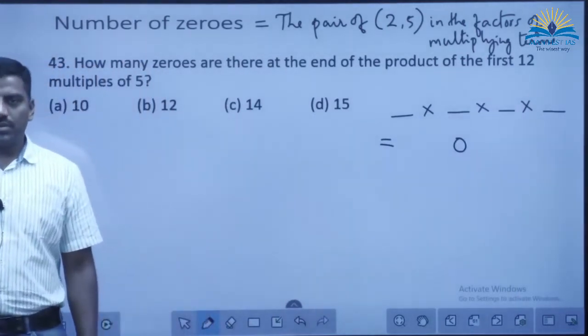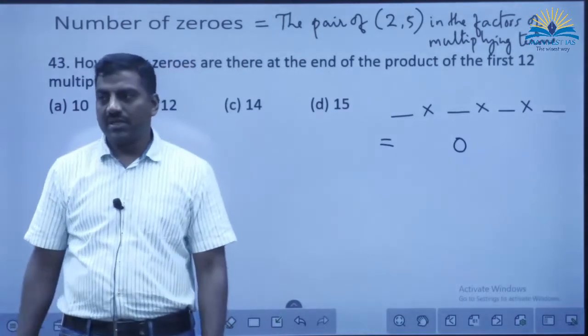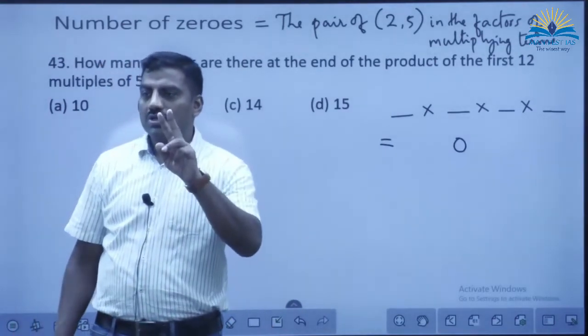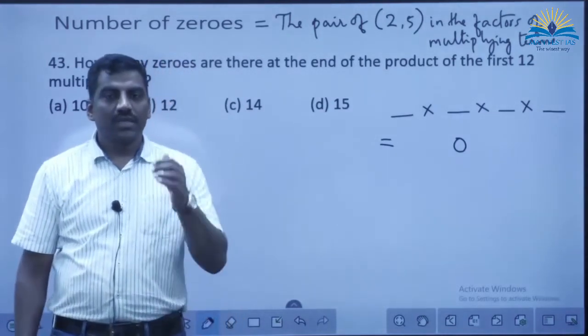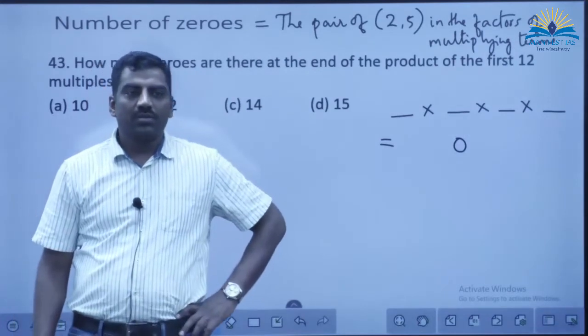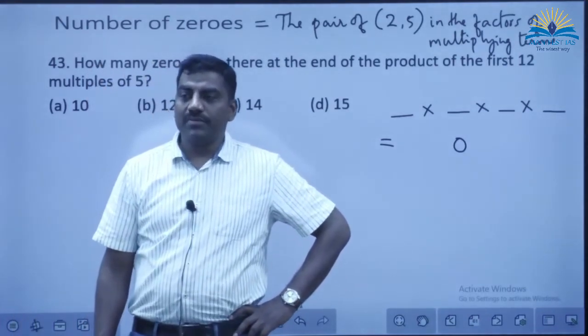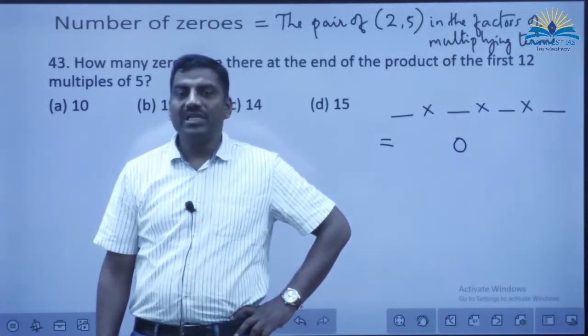Getting my point? Let's say in an expression there are two twos and two fives. How many zeros will we get? There are two pairs of 2 and 5.